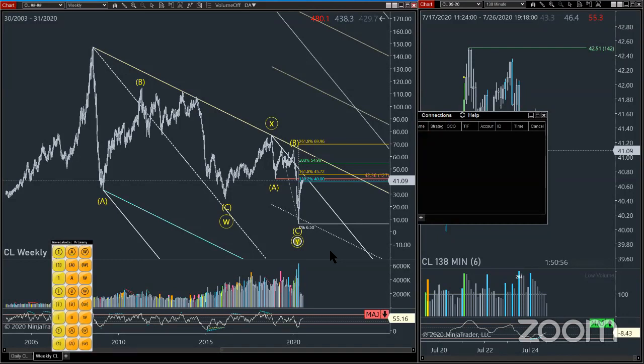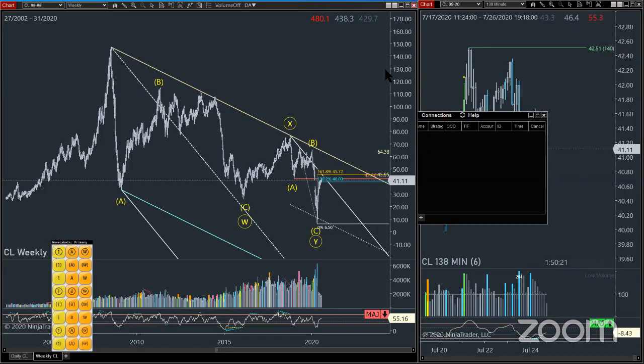So I'm kind of thinking that it's done there. I know a lot of people think the world is coming to an end or something, but I'm not in that camp, and I've been saying that for a while. That is either the buying opportunity of a lifetime below $10, or yeah, the world's coming to an end.